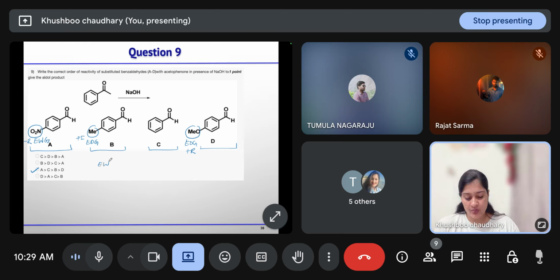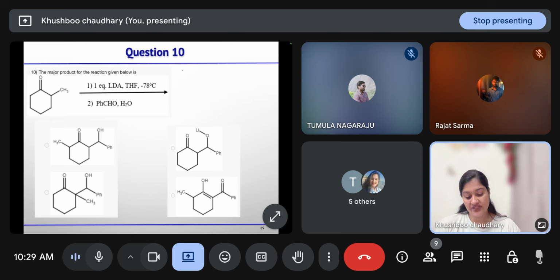So an electron withdrawing group increases electrophilicity of the carbonyl carbon, and an electron donating group decreases it. So the correct order is A, then when no group is there, then the less electron donating group, and last the most electron donating group. So the correct option is C.